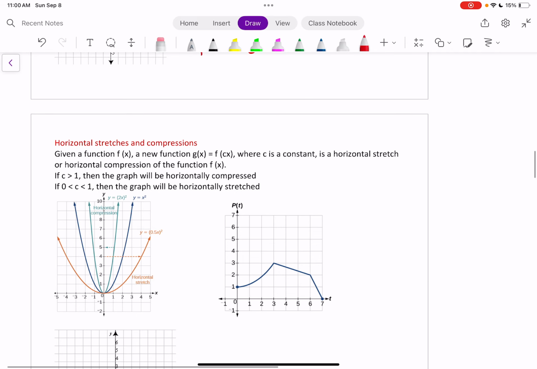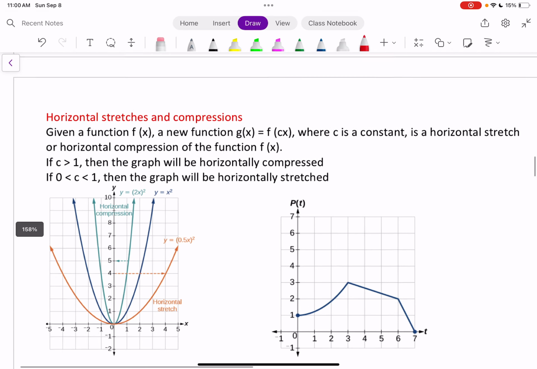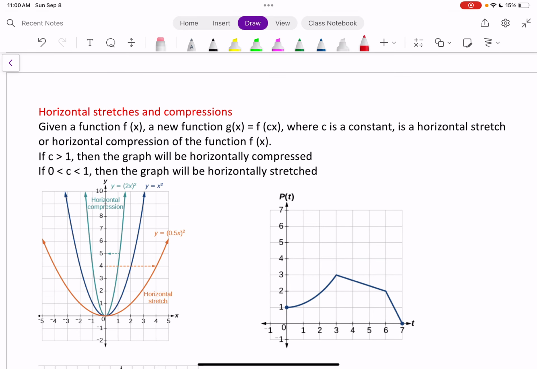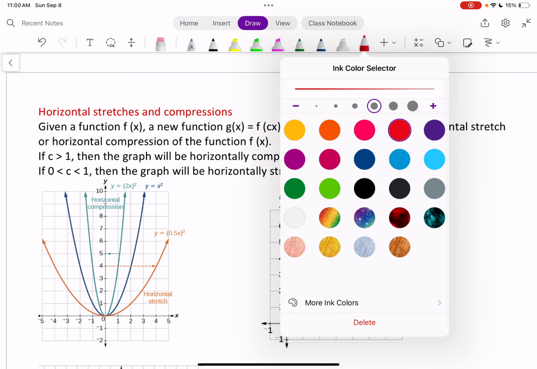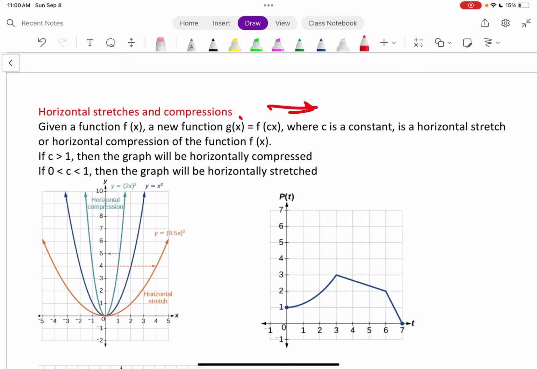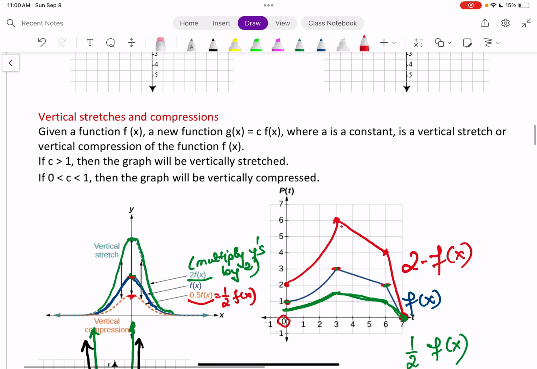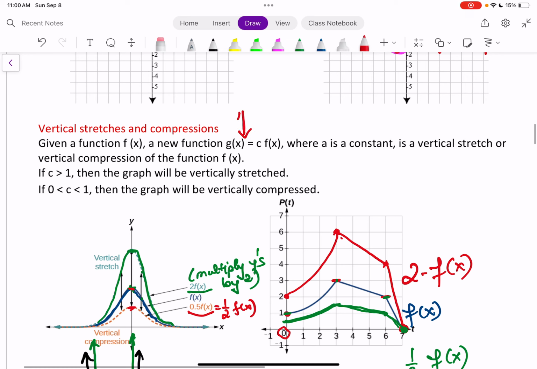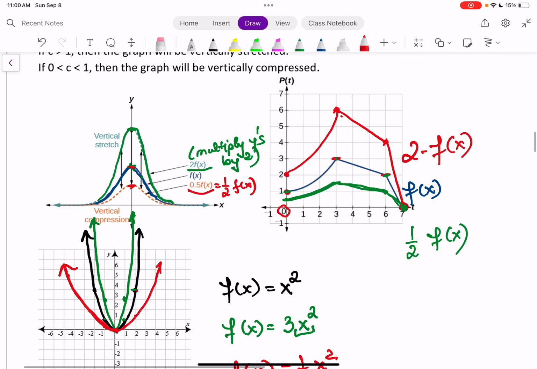Now, of course, horizontal stretches and compressions simply means that stuff is happening to the x's. Vertical means that stuff is happening to the y's, right? So we took the whole function and the whole y's and multiplied them by certain numbers.